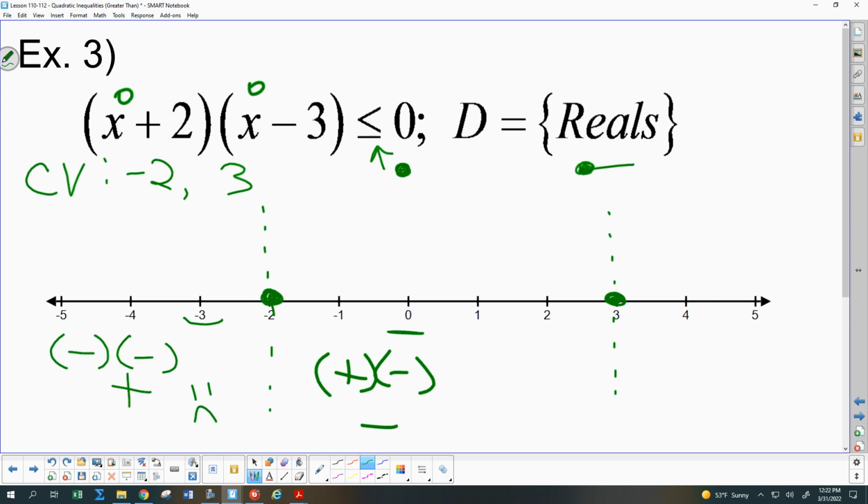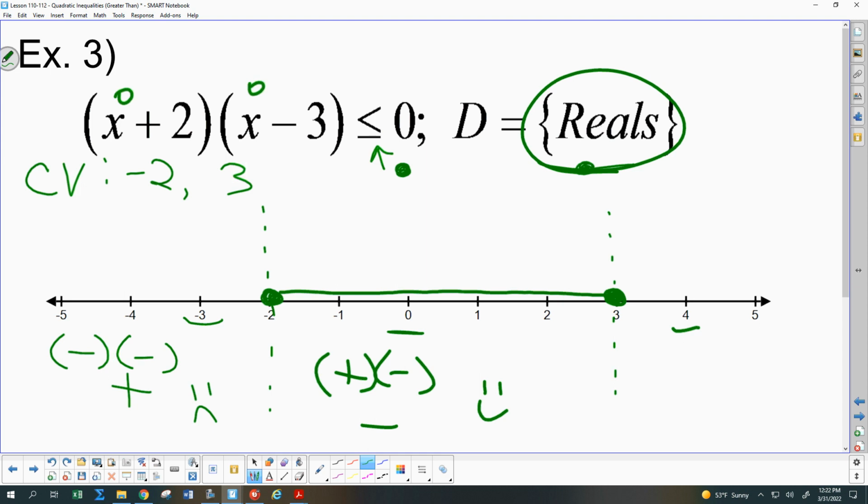When we multiply, we want less than or equal to 0. And so that part makes us happy. So we do shade everything in, and again, solid because it's reals. Always need to check all 3 sections, no matter what. Sometimes we could come up with some things that have sections side by side that we're including. So don't just get one or another and skip the rest of the checks.